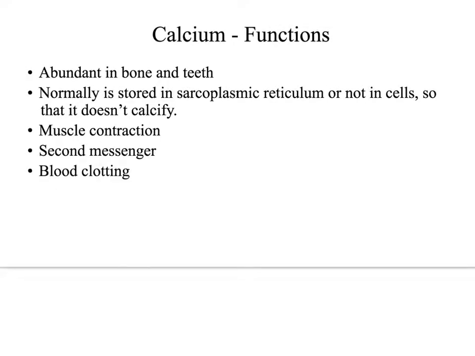Okay, now calcium. So if you think about calcium, calcium is abundant in our bone and our teeth. So we don't let it float freely in our cells. So it's normally stored in the sarcoplasmic reticulum. So remember the sarcoplasmic reticulum of your muscle cells.